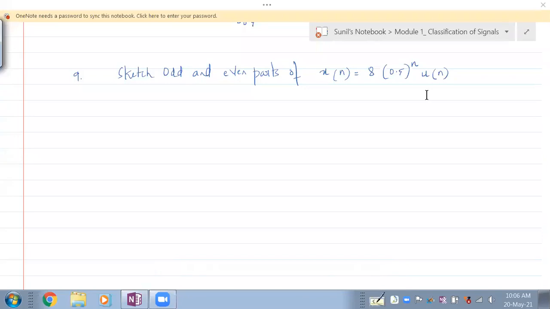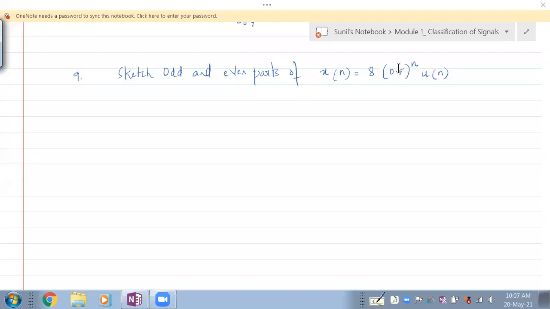In this problem, we have been given a discrete time signal, which is 8 into 0.5 to the power n into u of n. So what is this 0.5 to the power n? This is a decaying exponential, mind you, because the base is 0.5, in the range 0 to 1.